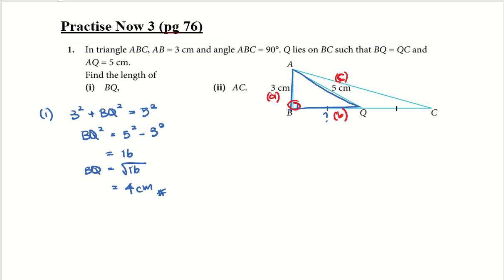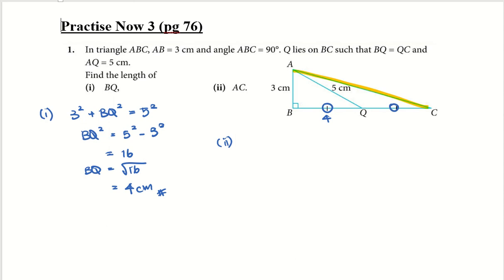Okay, part 2, let's take a look. I'm going to erase all the markings here. Part 2 asks you to find the length AC, which is here in this case. In part 1, you have found out your length BQ, and you know that BQ is 4.